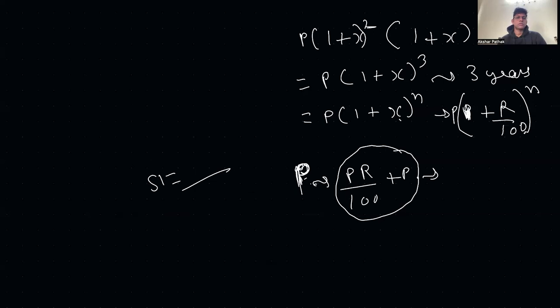Yeah, so our simple interest is PRT by 100. So our P will be constant here. Okay, rate is constant. Now it depends on your time, for how much time you are taking a particular loan. But in compound interest, your P changes every year. So it's not good to take loans.